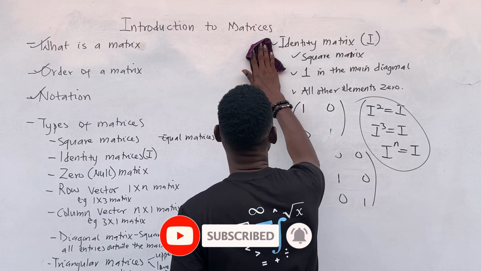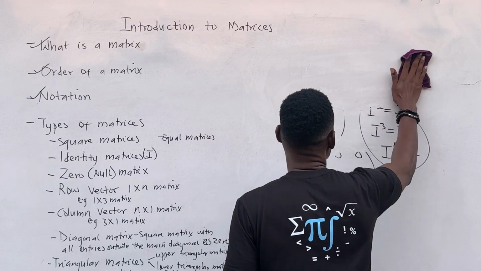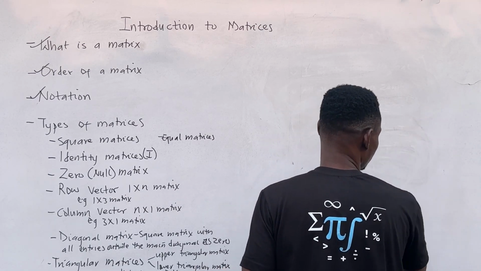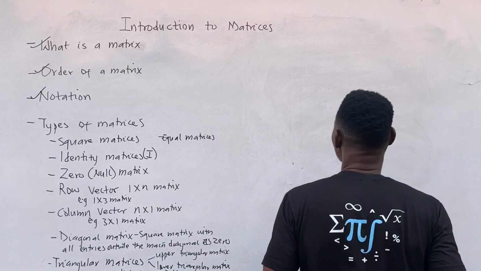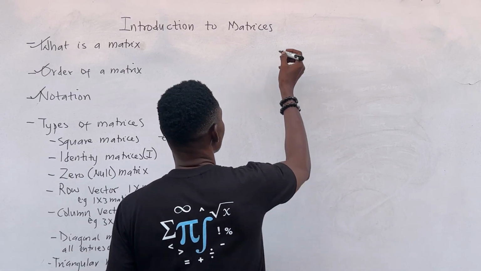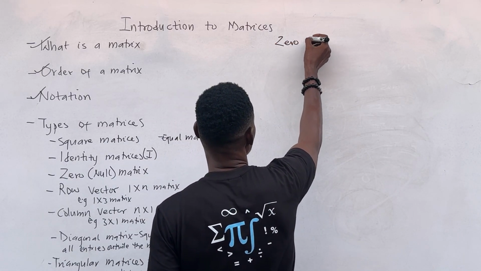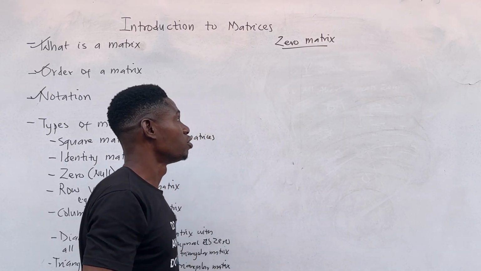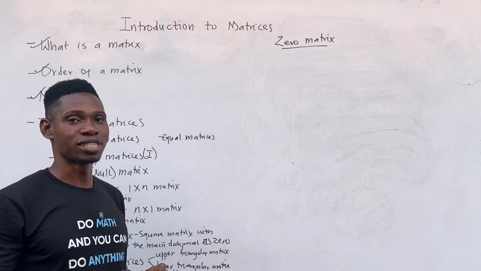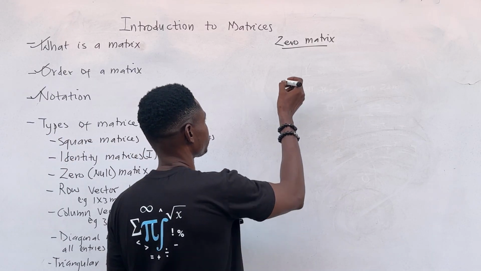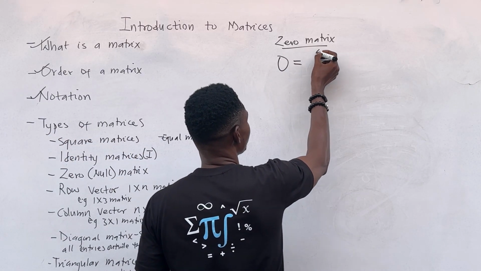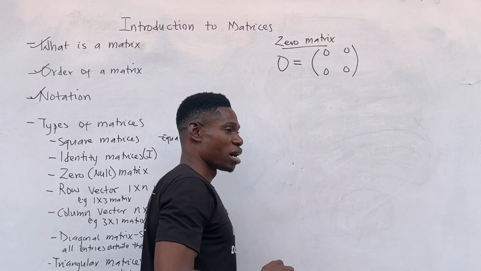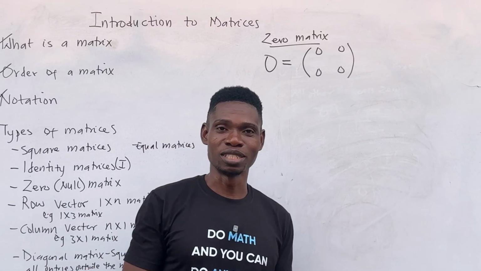We move to the zero or null matrix. So a zero matrix, we also call them null matrix. We represent them with capital O. So 0 0 0 0. They behave like normal zero in your basic arithmetic.